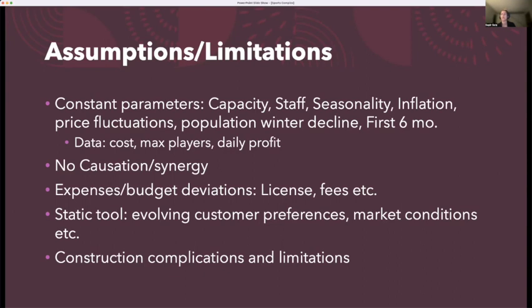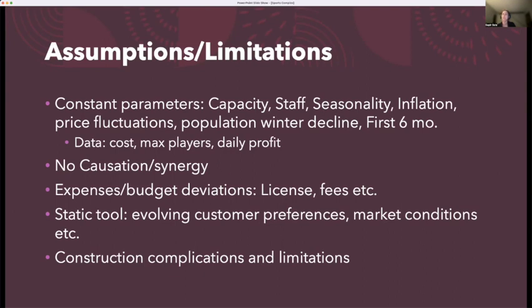And so that's something that we are assuming is not there for the model, but we very well know it would be. Next is that the linear programming model is typically a static tool, and we are not taking into account the evolving customer preferences, the market conditions, the weather, any factors or characteristics that might impact the market demand and things like that.